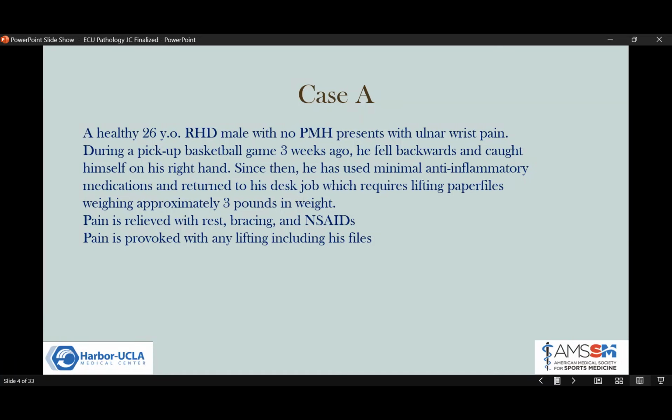Since then, he has had ulnar-sided wrist pain, made minimal use of anti-inflammatories, and returned to his desk job, which required lifting traditional paper files weighing about 3 pounds throughout the day repetitively. His pain is provoked with any sort of lifting, gripping, and it is relieved with rest, bracing, and anti-inflammatories.